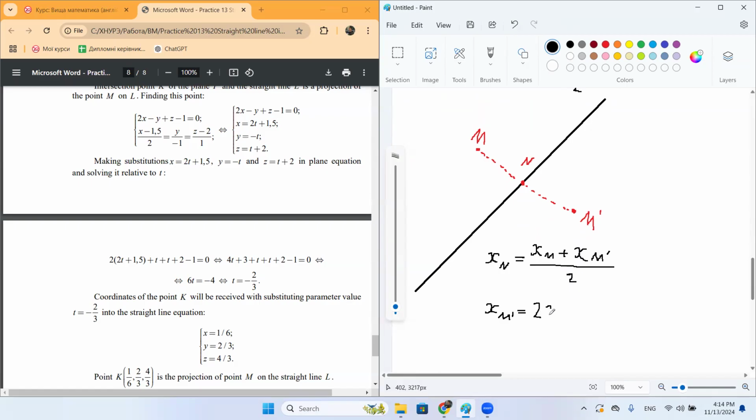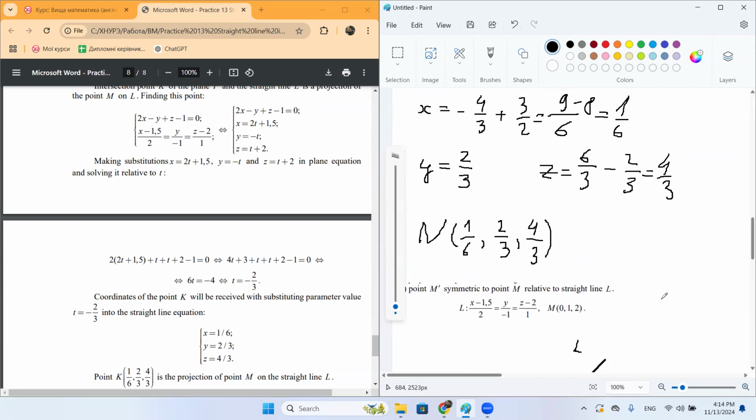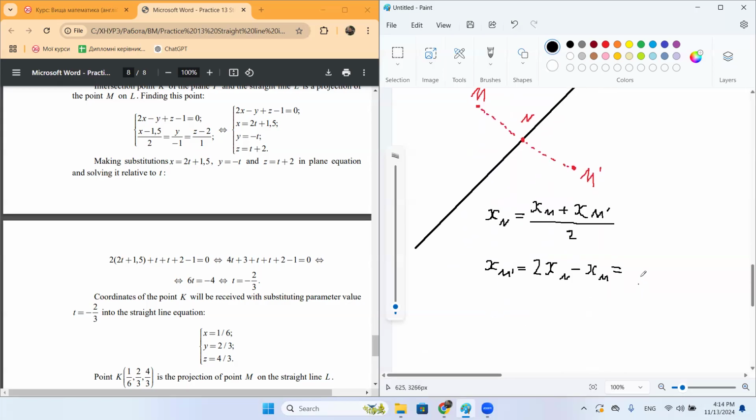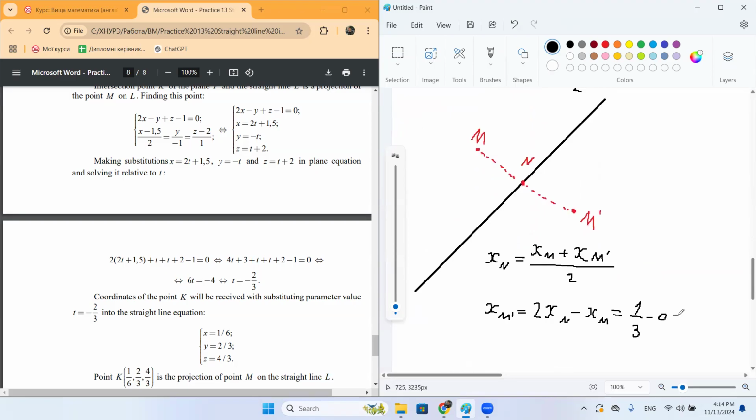So 2xn minus xm. So 1/3 minus 0, so it's just 1/3.